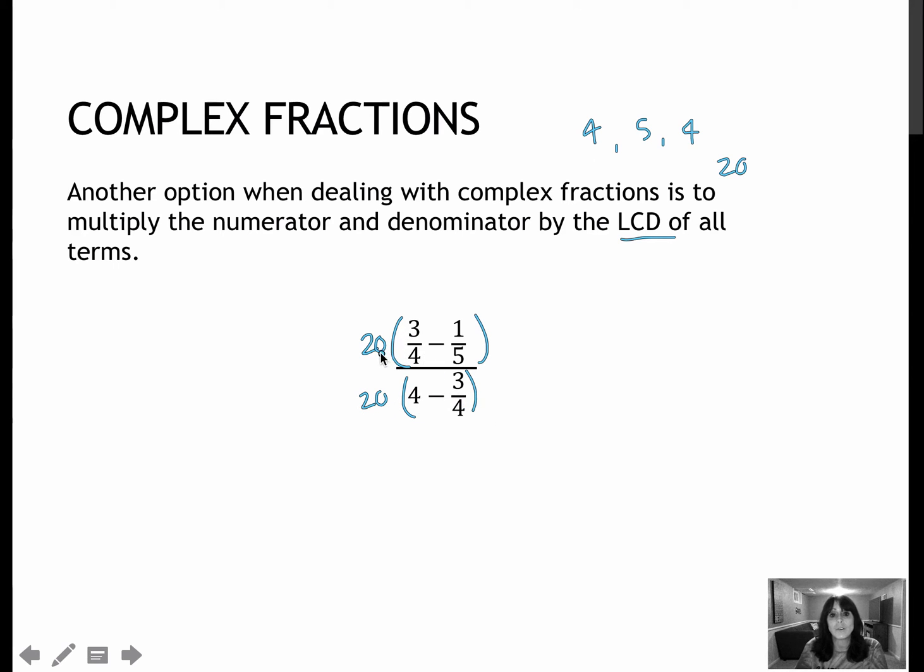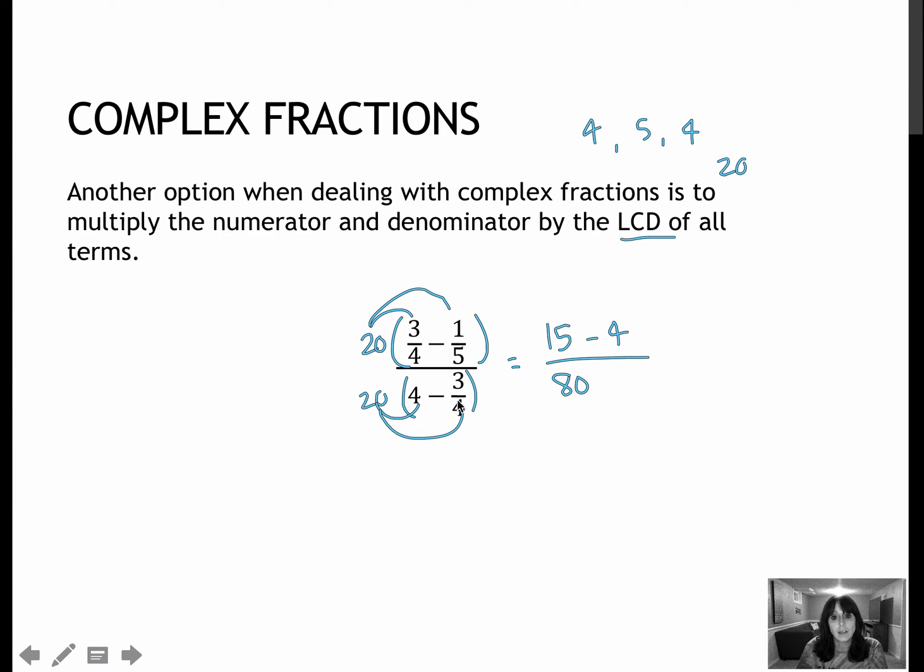So if I take 20 times 3/4, remember that just means 20 times 3, which is 60, divided by 4, which is 15. Nice whole number. 20 times 1/5 would be 20 times 1, or 20, divided by 5, which is 4. For my denominator, 20 times 4 is 80.